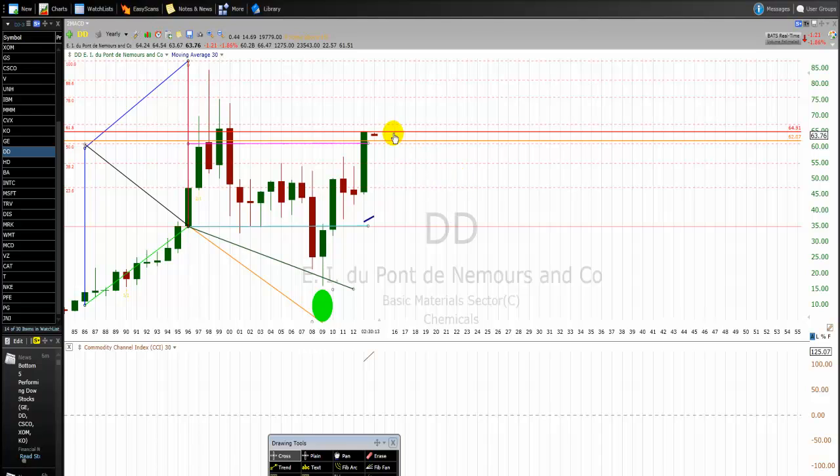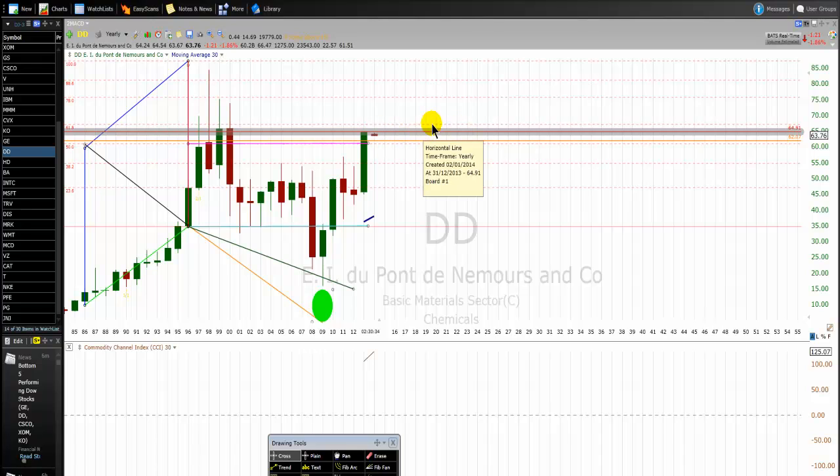But because the closing price on the yearly chart and the short-term equilibrium price level are very close, the price may consolidate between these two levels. So we are looking for opportunity to buy near the short-term equilibrium price level, and we are looking for opportunity to sell near the closing price on the yearly chart.